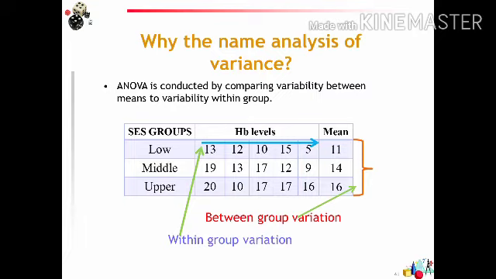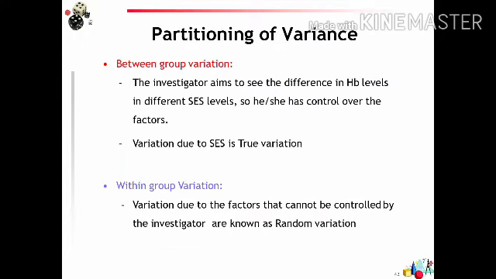So the variation of HB levels within the groups is considered as the within group variation. And also you can see the mean between three different groups, the mean HB level of low, middle and upper. So the variation of these means is considered as the between group variation.